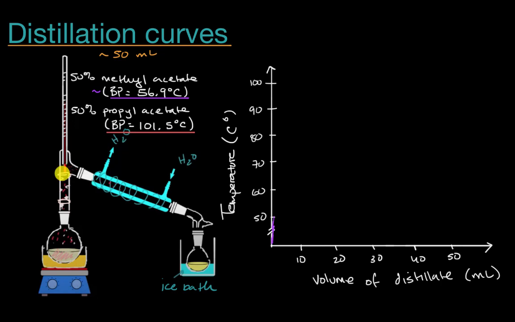But that's the point at which you start seeing a lot of those vapors being able to enter into the condensation ring and get condensed, and we're starting to produce a lot of distillate. So right at around 56.9 degrees Celsius, roughly, we now start producing a lot of distillate.